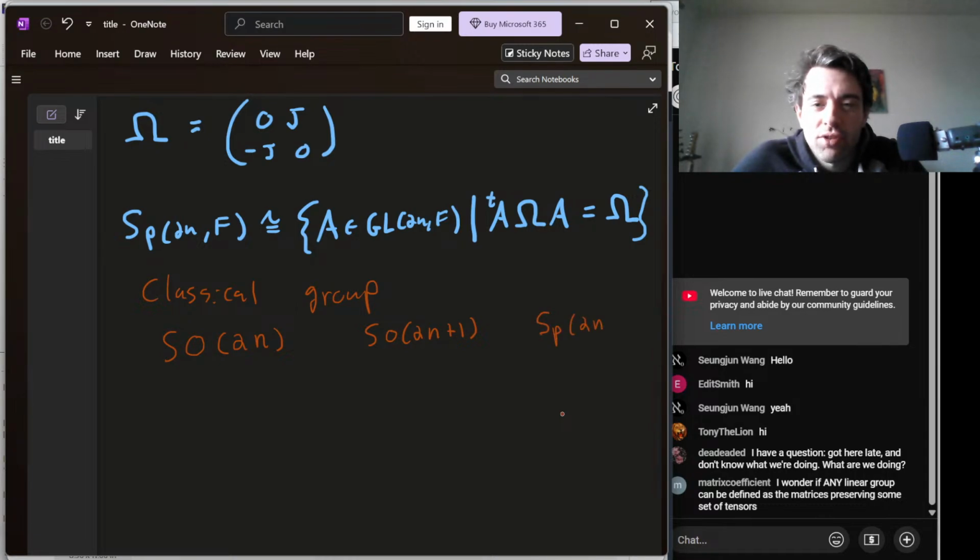So these are the so-called classical groups. And one reason why I'm writing SO even and SO odd a bit differently is because there are different things about them.